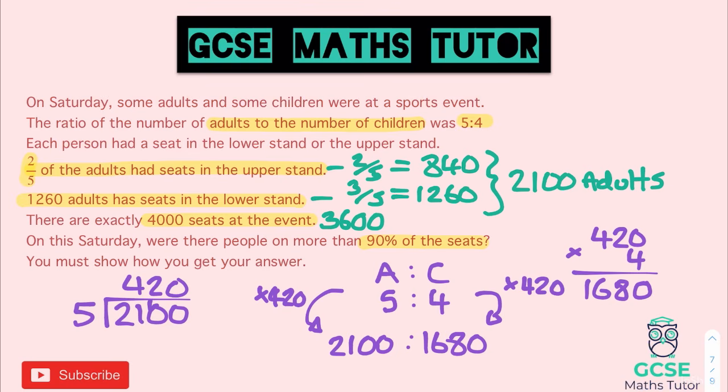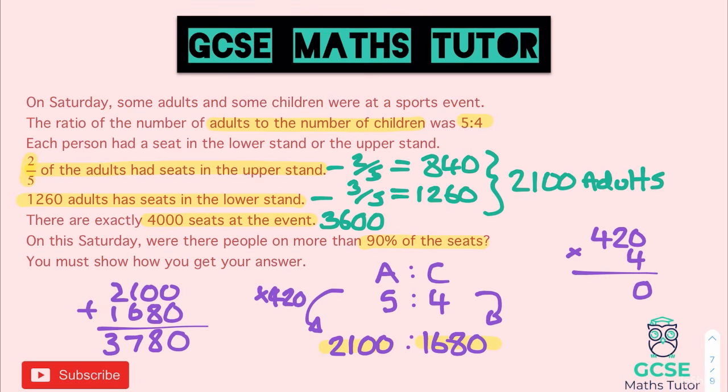Okay, so on to the last step then. We now know how many adults there were, 2,100, and how many children there were, 1,680. In order to get the total, we just have to add those two together and compare it to that 90%. Don't forget it says you must show how you got your answer. So even if you can see that it's under or over, you still need to make sure you write this down. So that gives 3,780, and that is more than the 3,600.